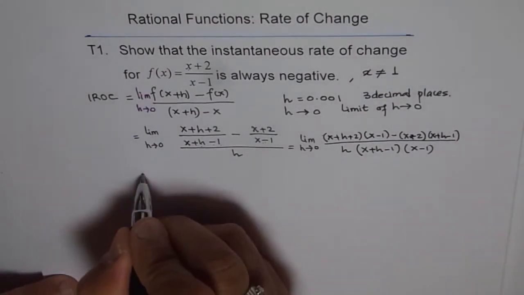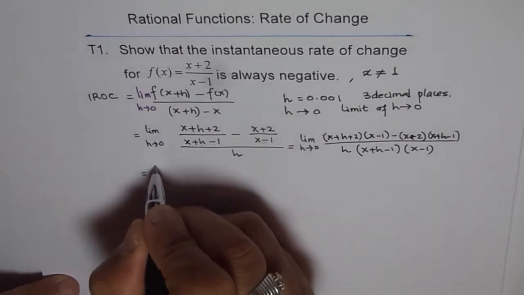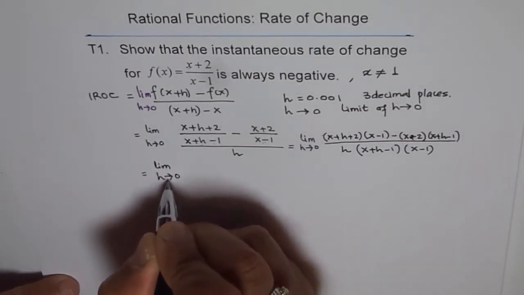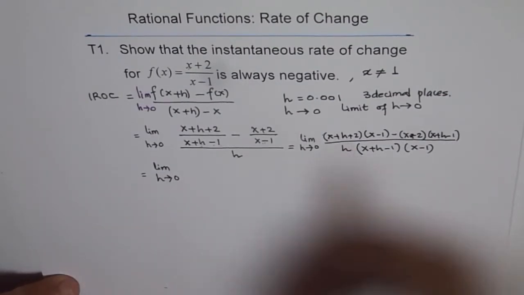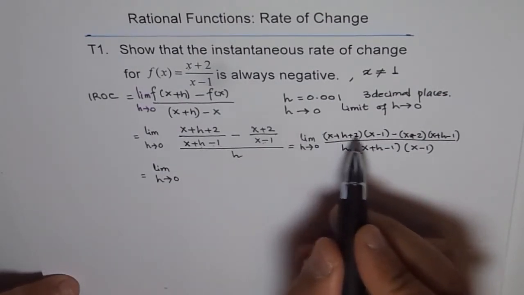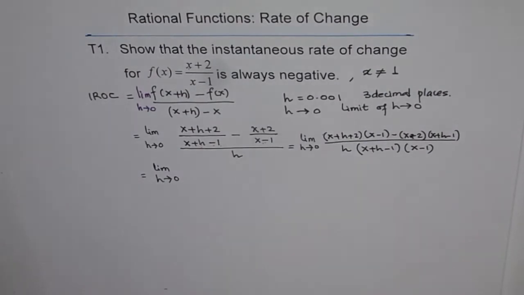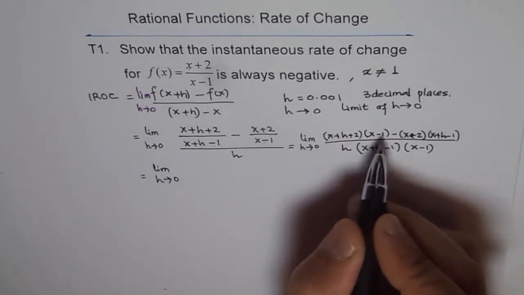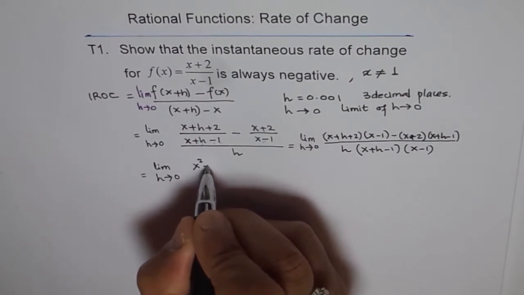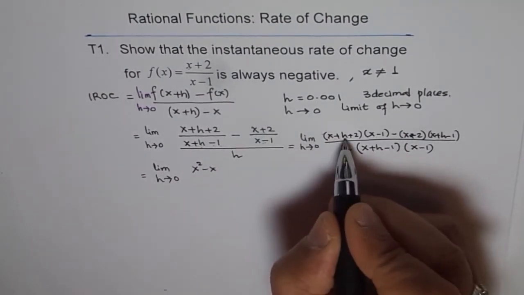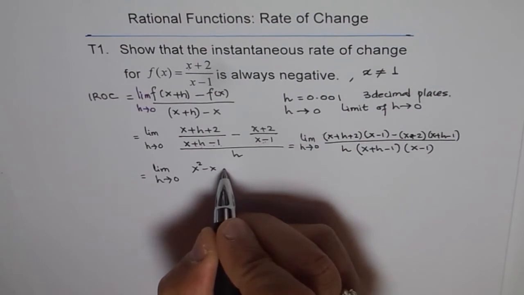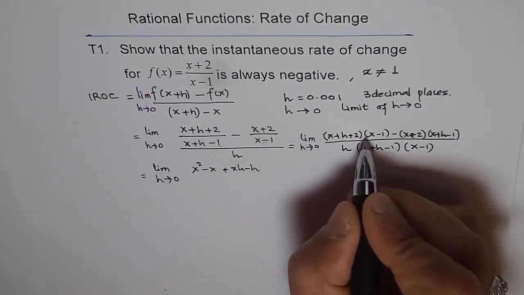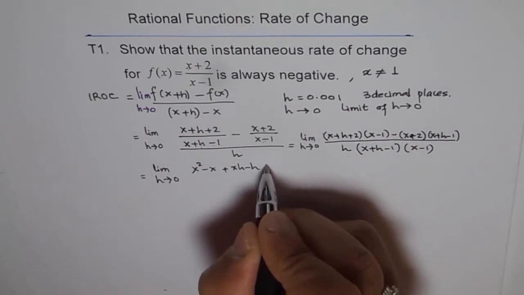So that is how I do it. Now here I will expand and simplify it. So my variable limit h approaches 0, and in the numerator I'll multiply each term one by one and see what I get. x squared minus x, when I multiply x with all those things, I get x squared minus x. Then with h I get xh minus h plus xh minus h. With 2 I get 2x minus 2.